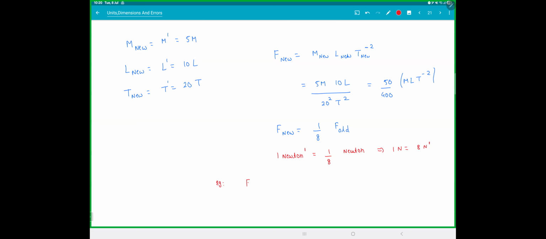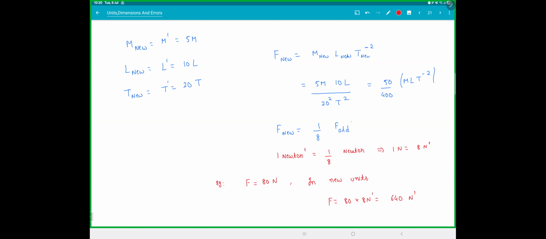So for example, if someone gives you a force of 80 Newtons in old units, in new units the force cannot change. This will be 80 into 1 Newton is 8 into N dash. This is 640 N dash. It's not 1/8, it's not 10, it is 640.